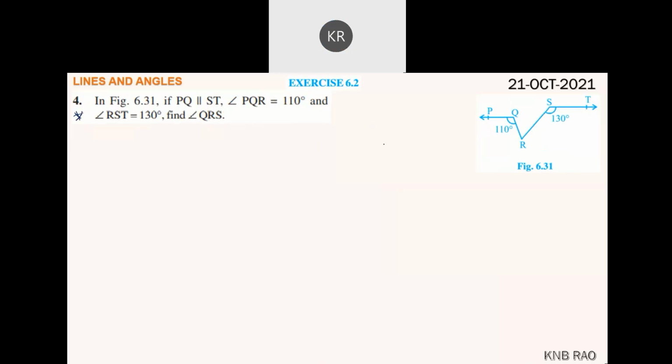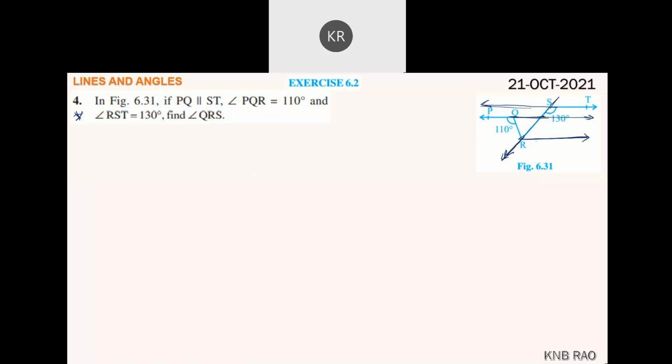Ray QP should be extended backwards, and ray ST. RQ should be extended from point R downwards, and RS towards point T, towards the right. Yes, sir.